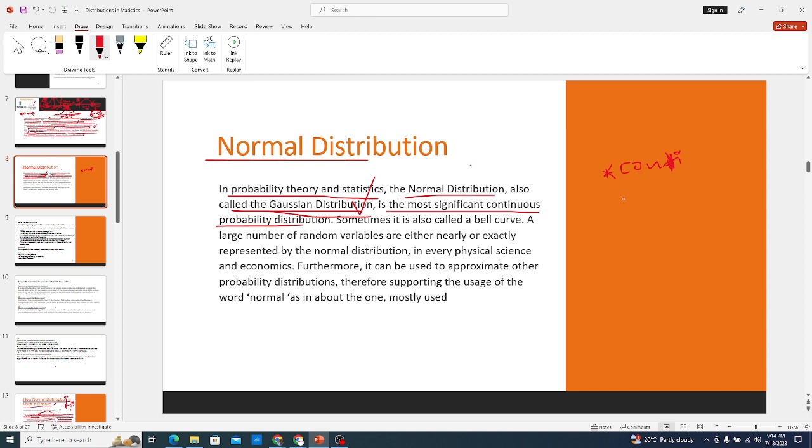This is the equation of a normal distribution: 1 divided by 2 square root of pi, multiplied by exponent of negative half, or we can just keep it this way, mu minus x, squared, divided by 2.